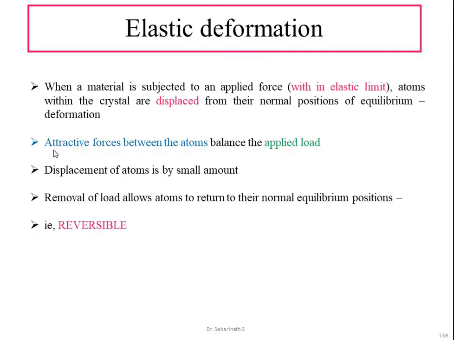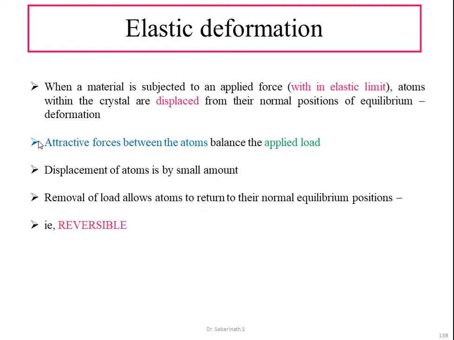So such forces, the intermolecular forces between the atoms, balance the applied load. The displacement of the atom is very small in case of elastic deformation, and when the applied load is removed, this allows the atoms to return to their normal equilibrium position.